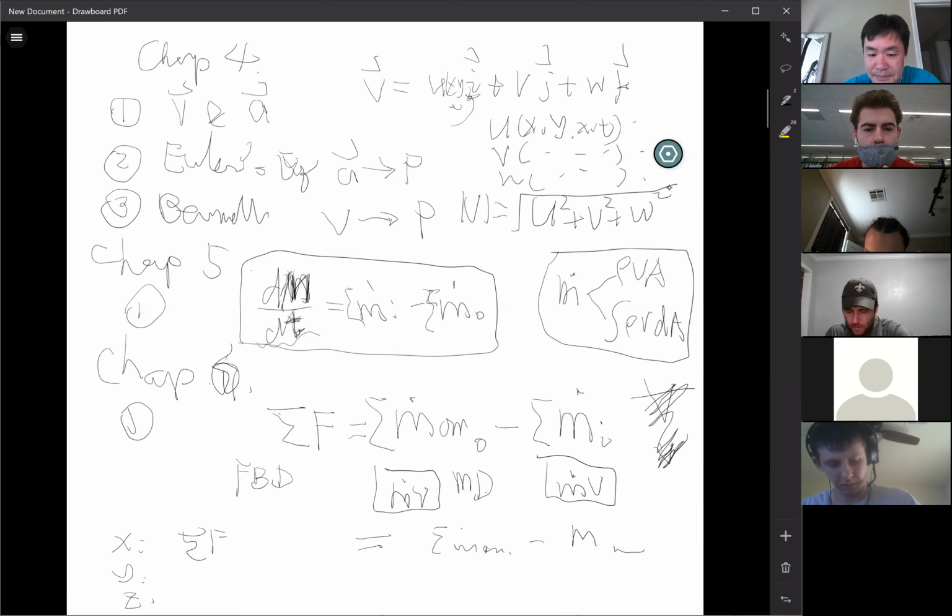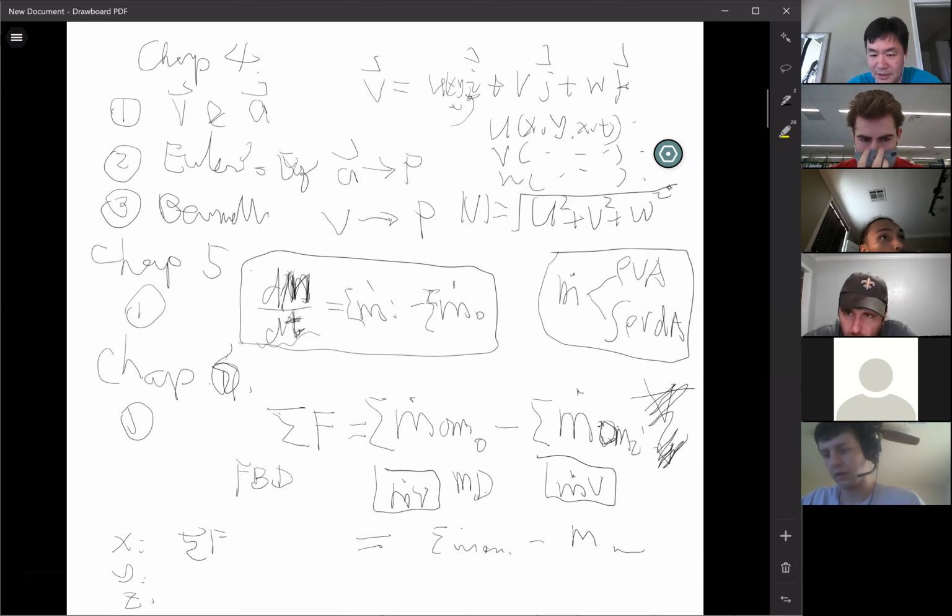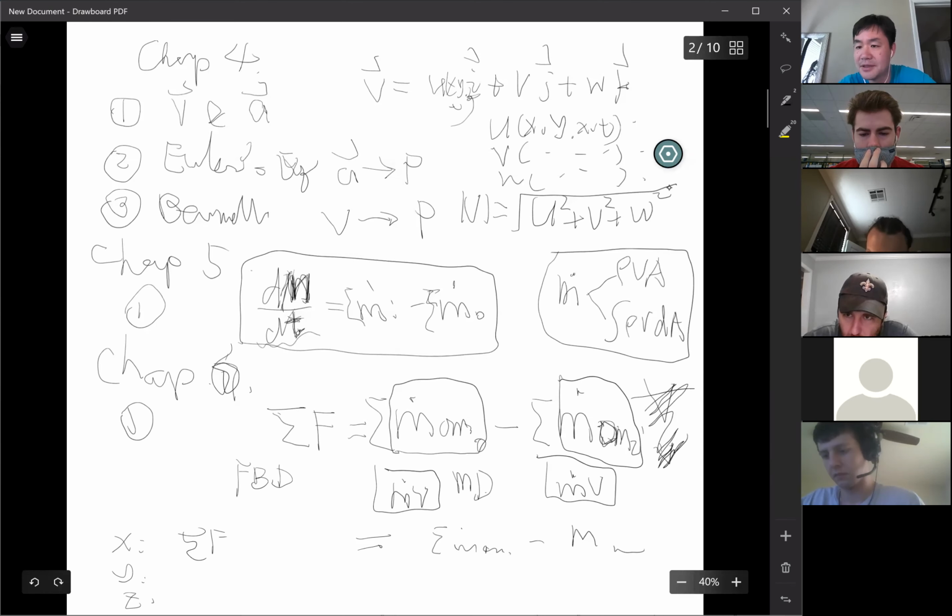Yeah, Patrick. I was doing some problems last night and I was getting a little confused with the negative sign. When you're doing the right side, do you determine negative or positive for the mass flow rate and the velocity? Momentum as a whole is a vector, it has direction.